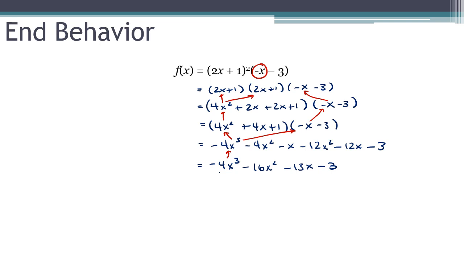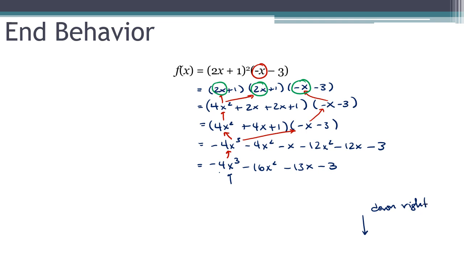The leading coefficient came exclusively from the first or leading terms in the three individual factors. Now again, just to finish out the question, if I put a really big positive number in here for x and cube it, it's going to be positive. Multiply it by negative 4, and it's going to be negative, right? So this polynomial is going down to the right.